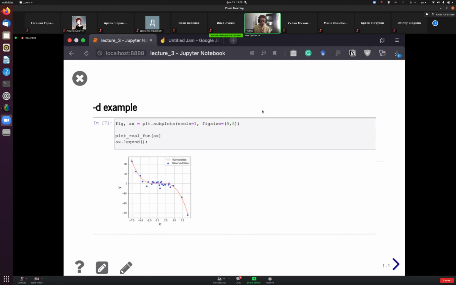We have only one feature, you see it on the x-axis, and the target variable, which is a real number. You observe a sample from the orange function. So the orange line is the correct functional dependency between x and y, but you observe only some noisy observations, these blue points on the plot.